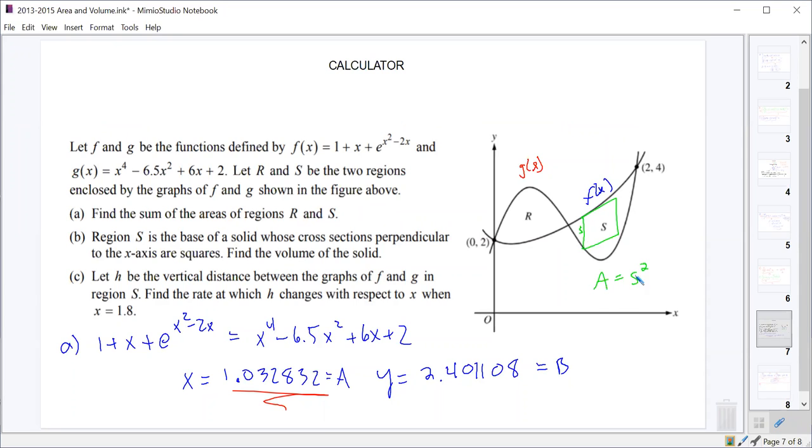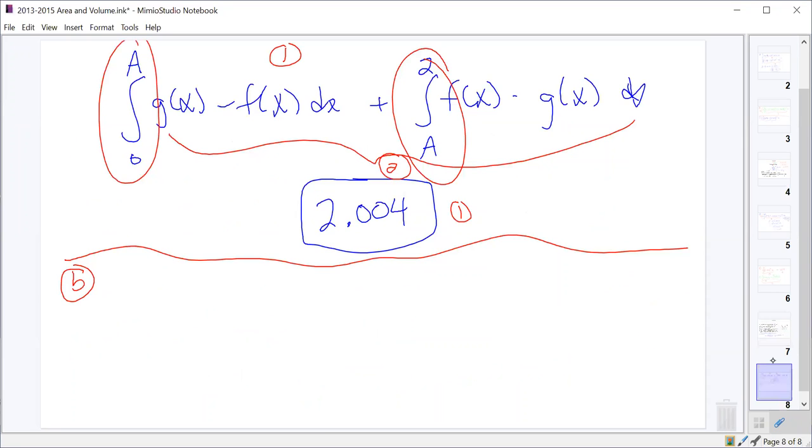And that side length ought to be F minus G. So all we need to do is integrate from A to 2 of F minus G squared. And that should have come out to be about 1.28.